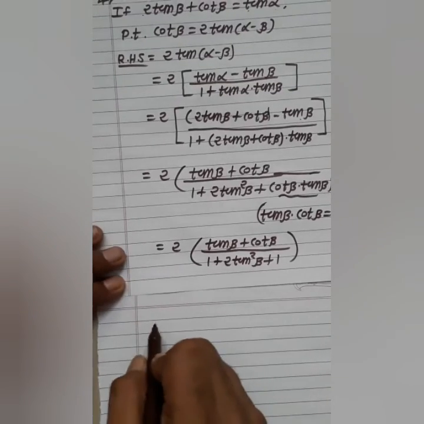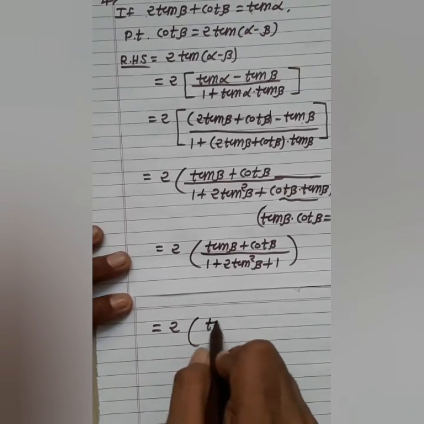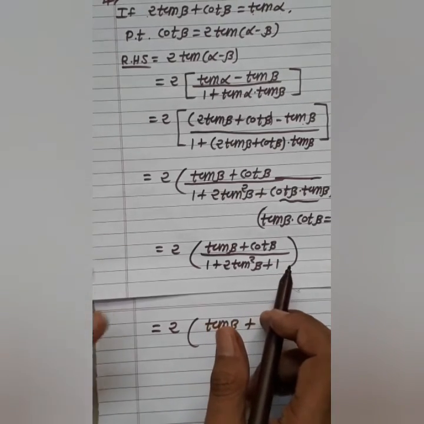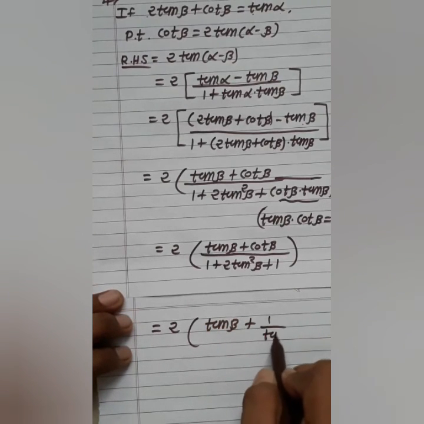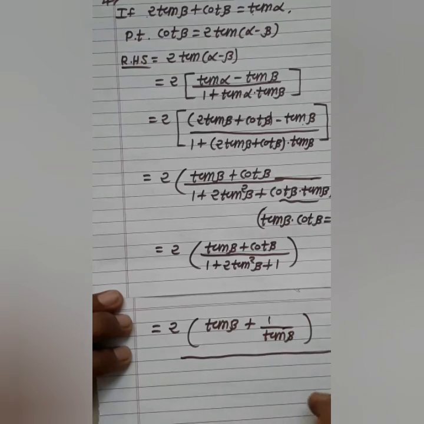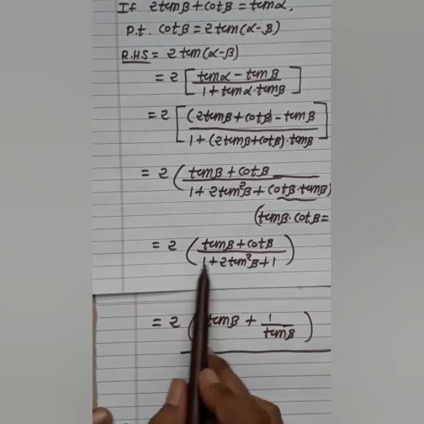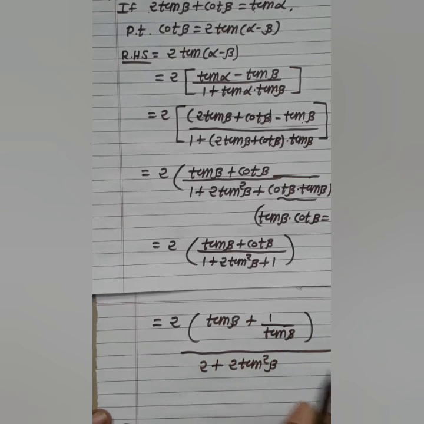So it is equal to 2 into bracket tan beta plus cot beta, in place of which we can also write here tan beta, upon, in the denominator term, 1 plus 1, that means 2, plus 2 tan square beta.